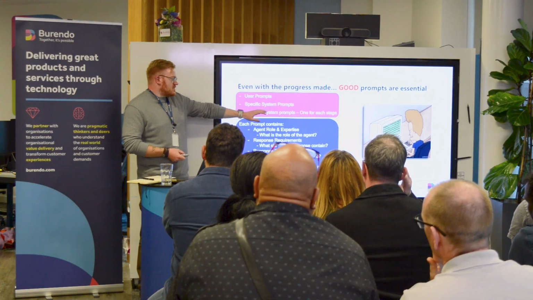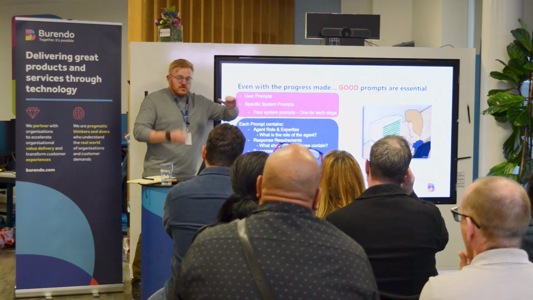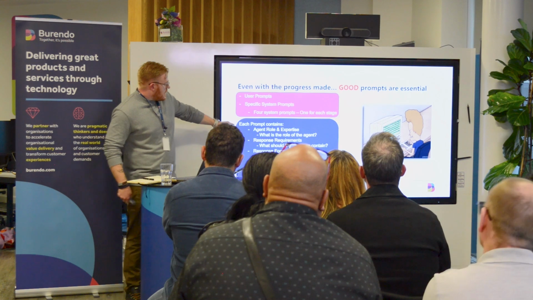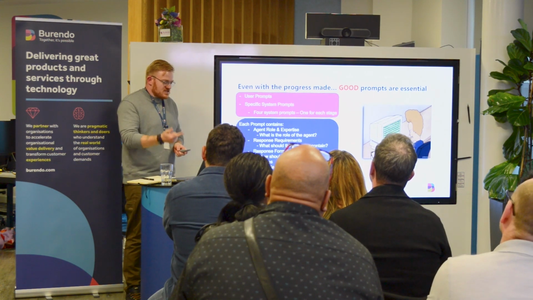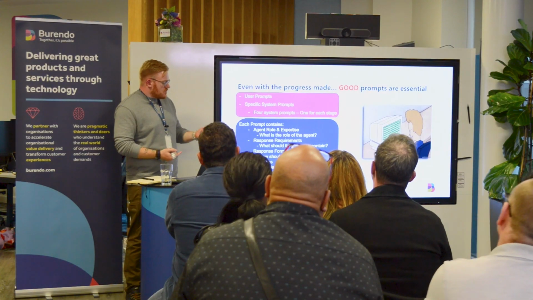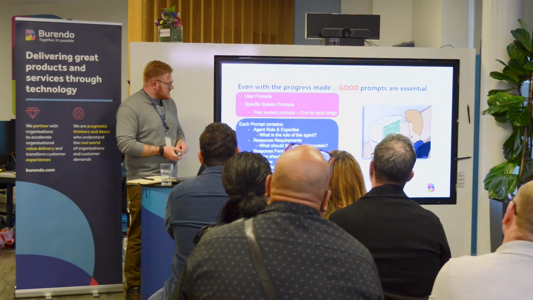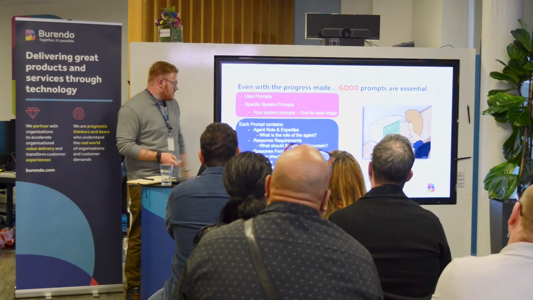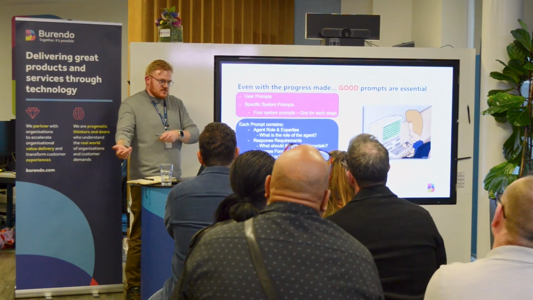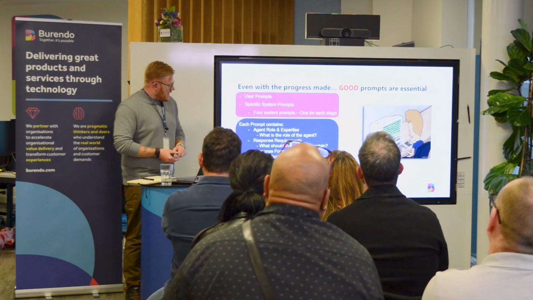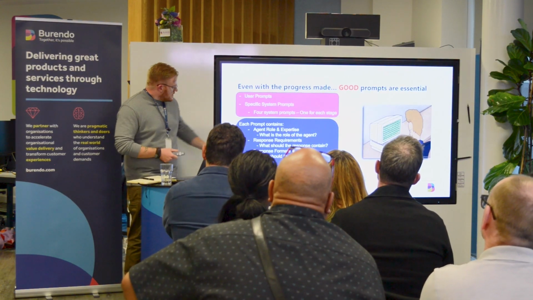We have 4 system prompts, one for each stage of the flow. Each prompt contains an agent role and its expertise, the response requirements, so what should the response contain, and the response format with regards to how I expect it back. Do I expect it back as text? Do I expect it back as a list? Do I expect it back as a markdown table?